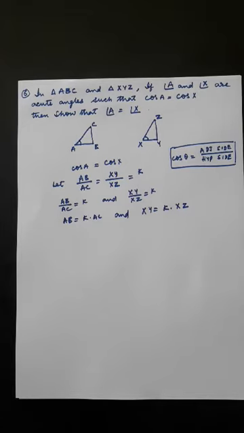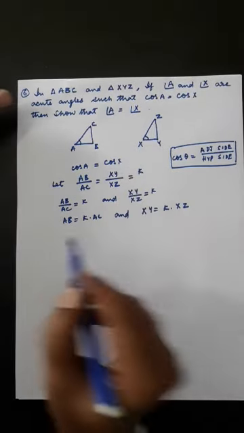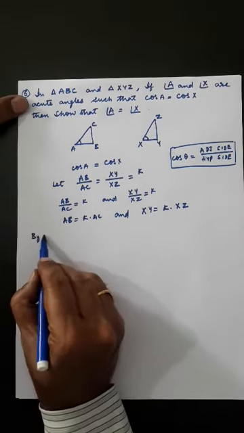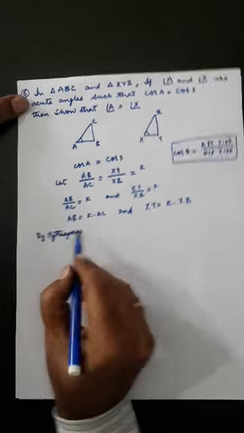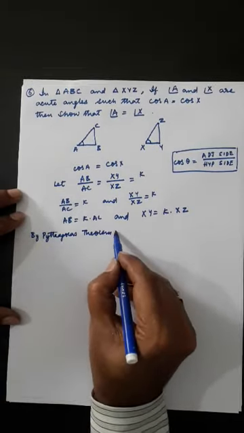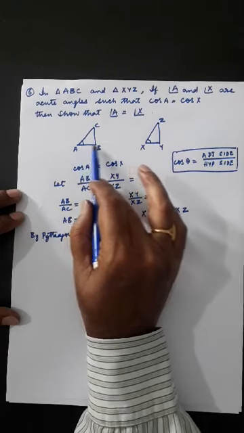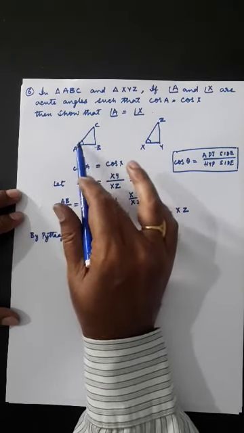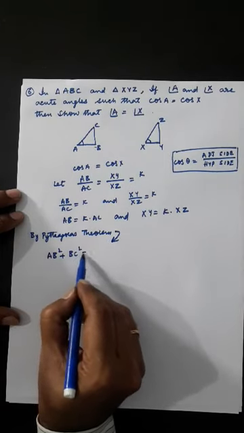Now let's see how we'll proceed. Again we'll apply Pythagoras theorem for these two triangles. For this one, AB square plus BC square is equal to AC square.